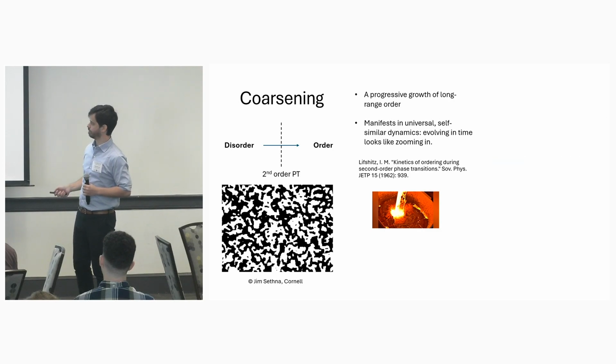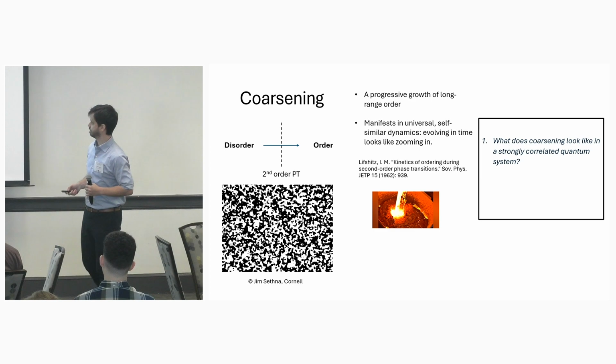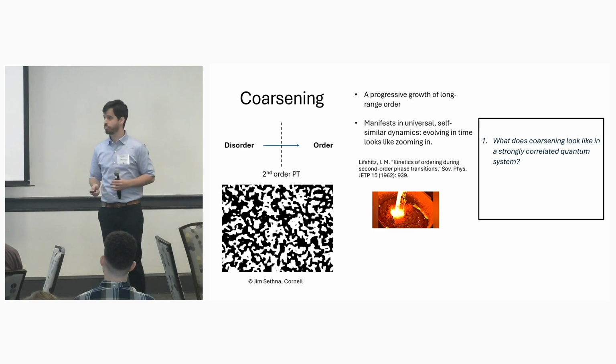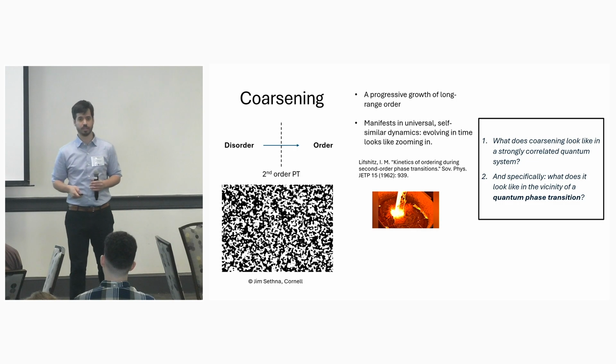So this is a really important process, but we're more interested in, what does this look like in quantum systems, specifically in the kind of strongly correlated quantum systems that we have in our lab. And how does it relate to this quantum phase transition that we've already explored previously?